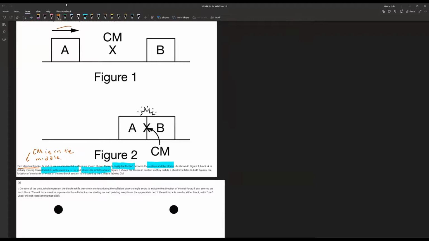This is more for momentum, but to kind of gear towards the future: because block A is moving to the left and block B has a velocity of 0, the velocity of the center of mass will be the velocity of A times the mass of A, plus the velocity of B times the mass of B, all over the sum of the masses.